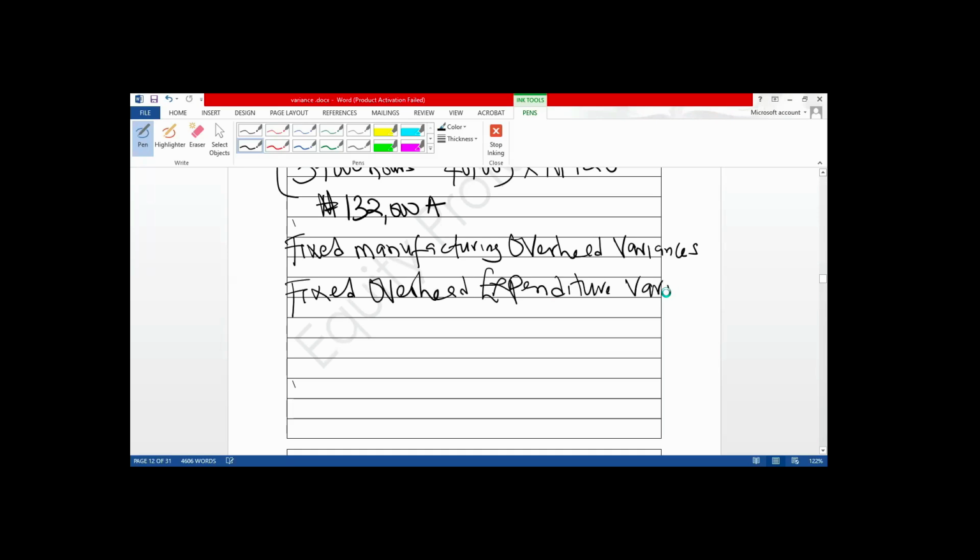That is your budgeted fixed overhead cost minus your actual fixed overhead cost. To get your budgeted fixed overhead cost, pick your budgeted units.